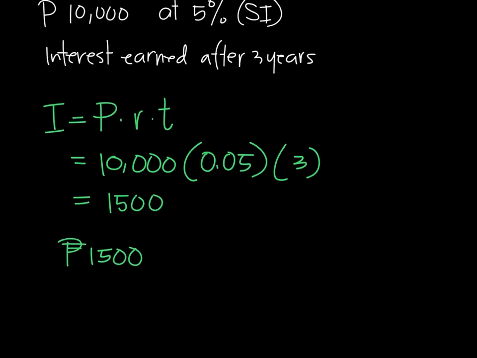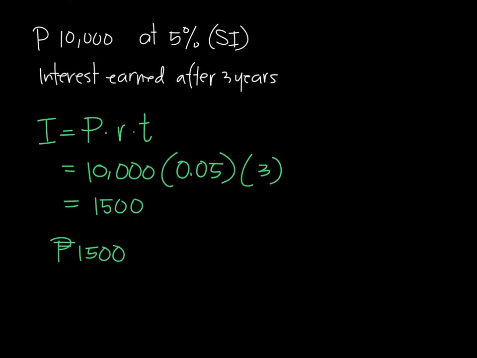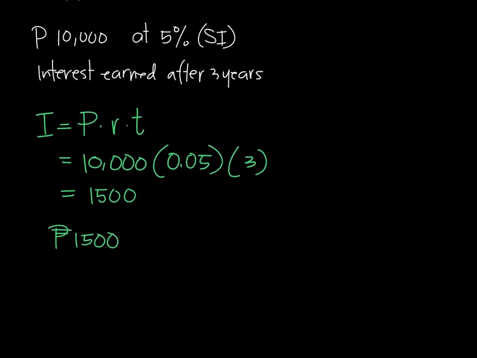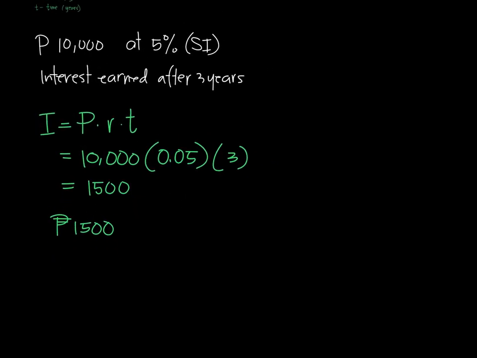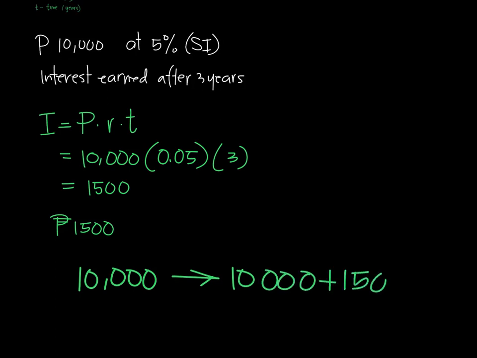So that means if this is an investment, you invested 10,000 at 5%, after 3 years, your money will grow from 10,000 pesos to 10,000 plus the interest, 1,500. So you have a total of 11,500 after 3 years. Okay, so that's how your money will grow.